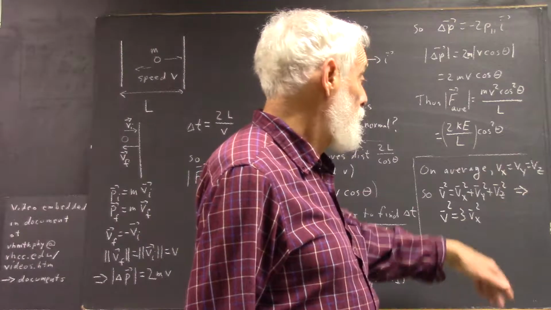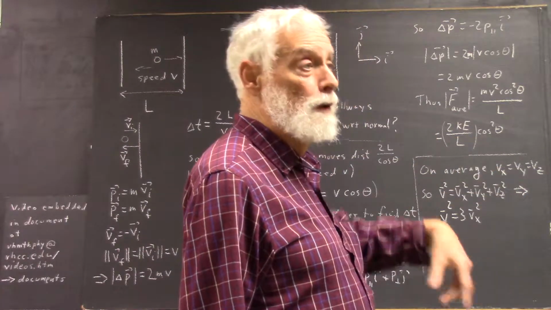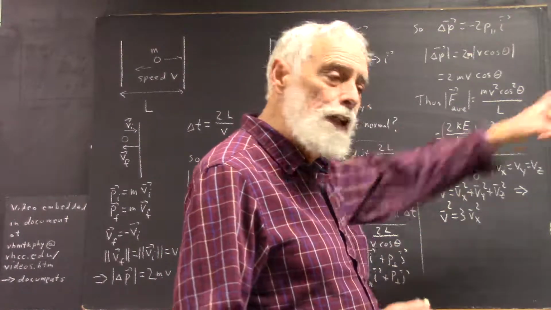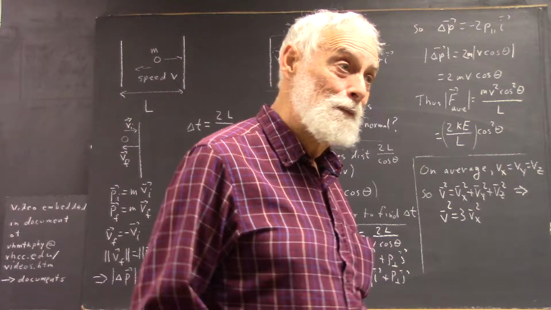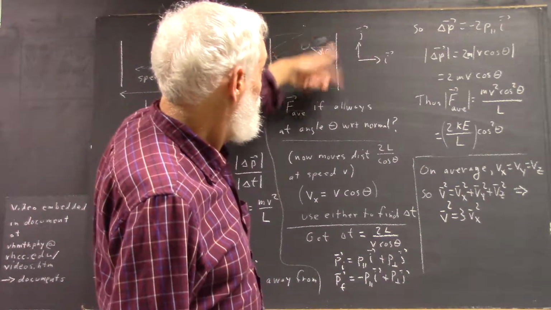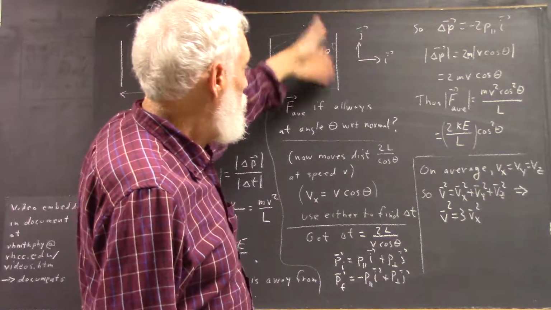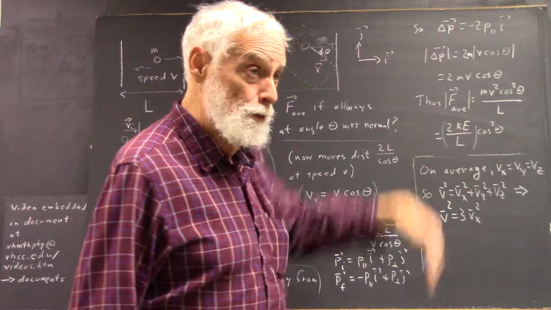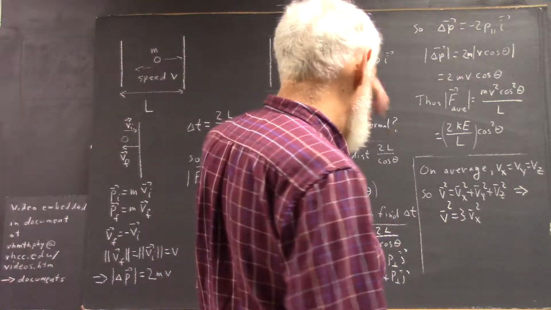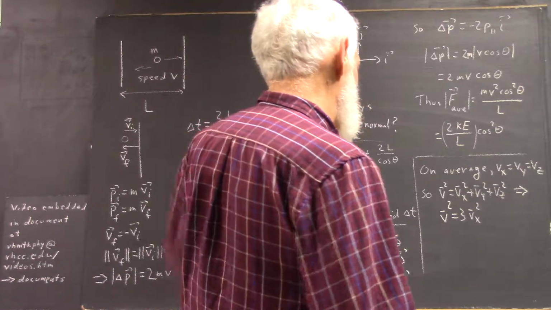I could also write it as 3Vy bar squared, or 3Vz bar squared, or 3V in any direction of space I wish squared. Okay? But I choose x because we're talking about implicitly a wall that's perpendicular to the I direction. Okay?